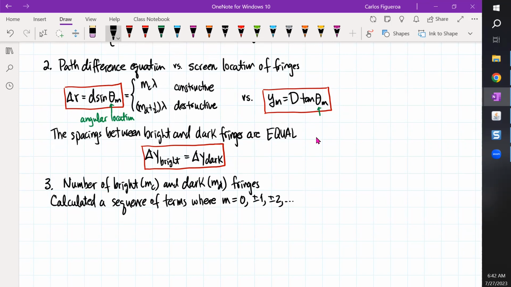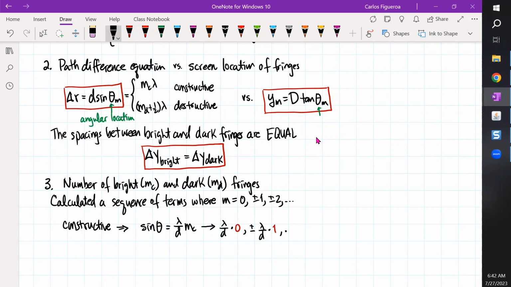So what we found here is that for constructive, we used the sequence where sine of theta was equal to lambda over d times m_c. As we looked at the sequence, we started with lambda over d times 0, and then went to plus or minus lambda over d times 1.